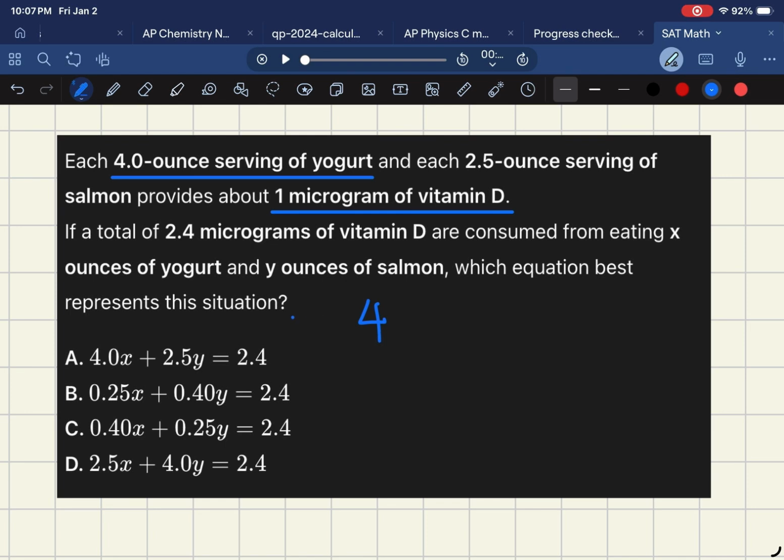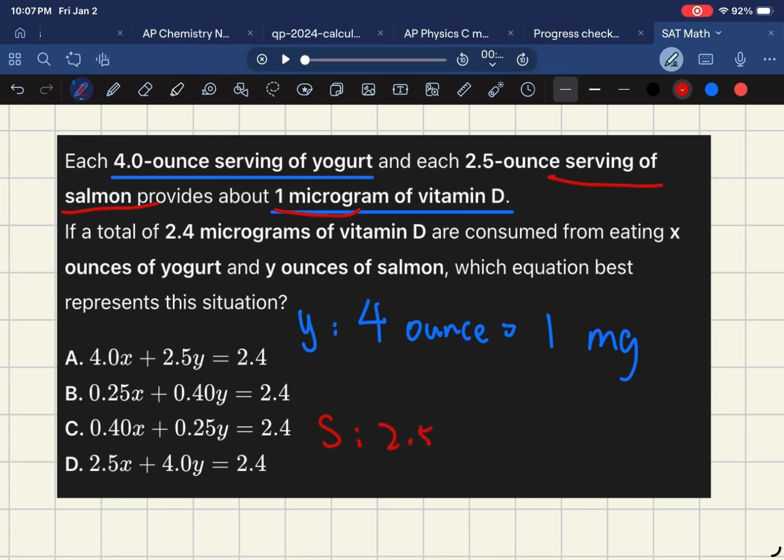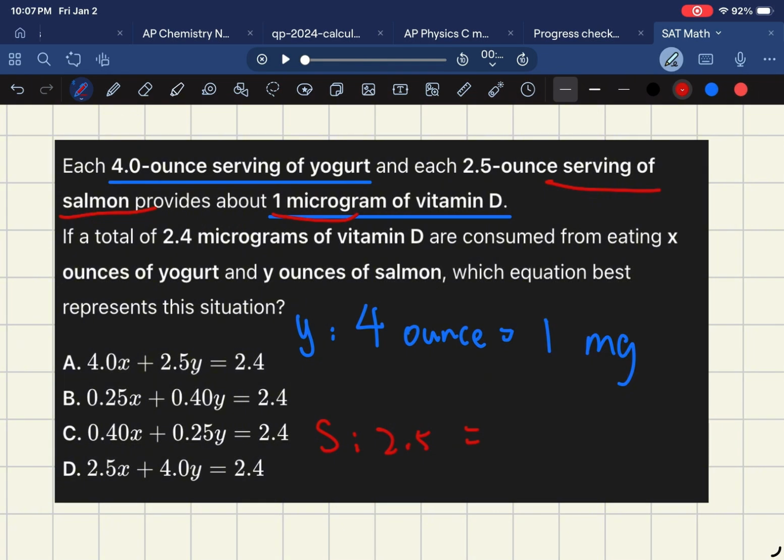We'll just use mg for now, as the acronym for microgram. And for salmon, 2.5 ounces provides about 1 mg. Okay, and the question is asking us from eating X ounces of yogurt.